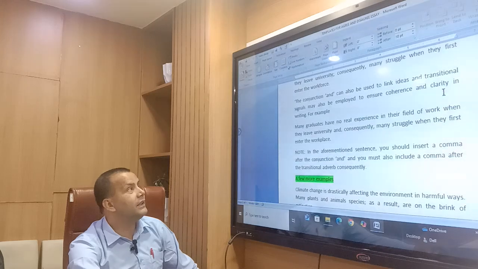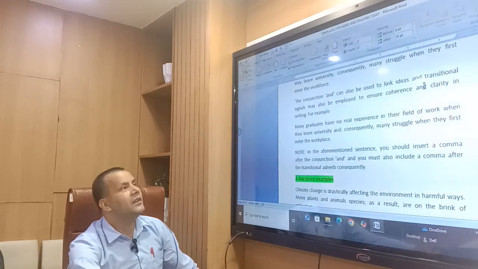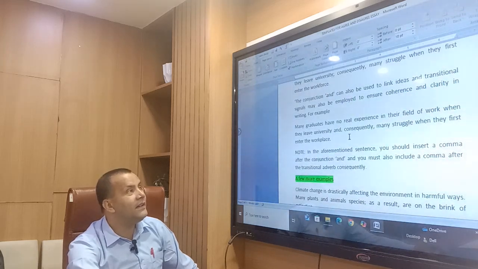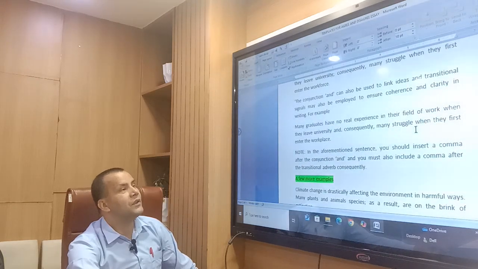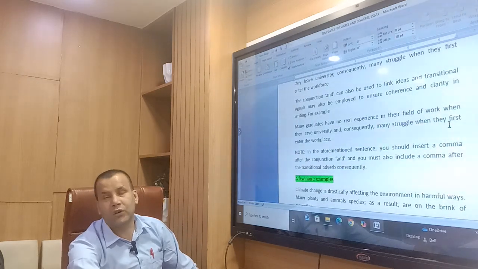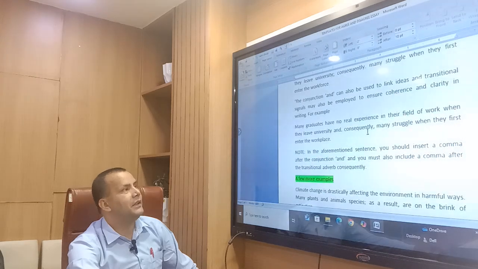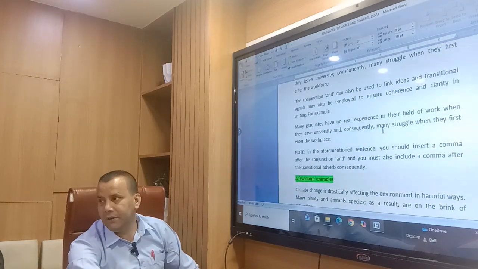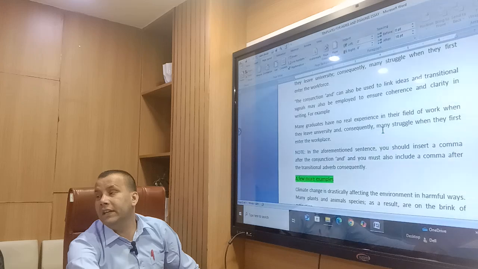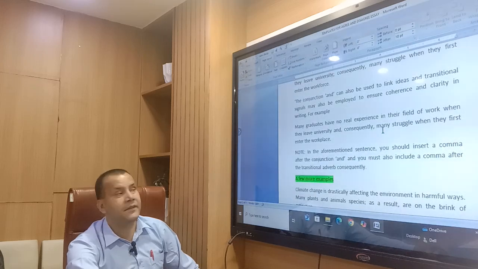For example, okay, many graduates have no real experience in their field of work when they leave university, and you have to give comma here, and consequently many struggle when they first enter the workplace. Here you have to give comma, here you have to give comma. If you don't give comma, examiner will reduce your marks in cohesion.